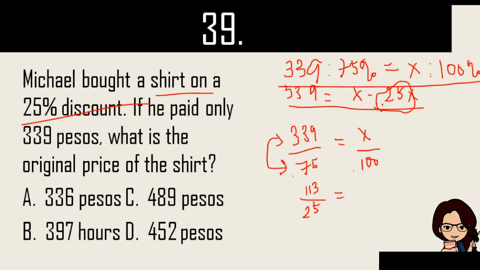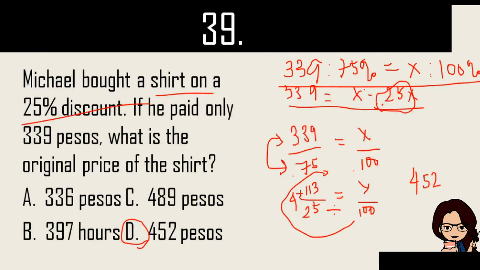Okay? x over 100. And then, ratio rotation na tayo. 100 divided by 25 is 4, times 113, that is 452. And the answer is letter D, 452 pesos.